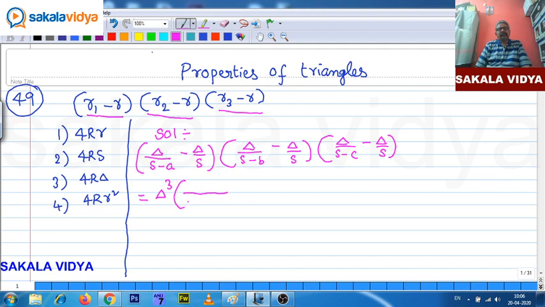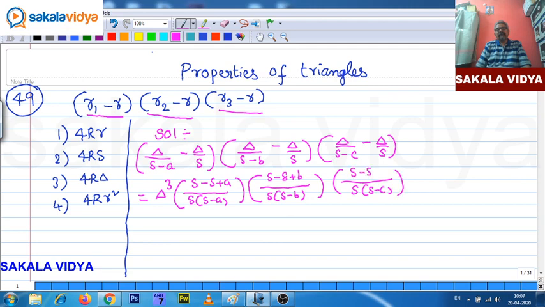Here S into S minus A, we have S minus of S plus A. In the similar manner here, we get S into S minus B, so this will be S minus S plus B. Here S into S minus C, so S minus S plus C. See, S gets cancelled in each. We have delta cube of A into B into C.